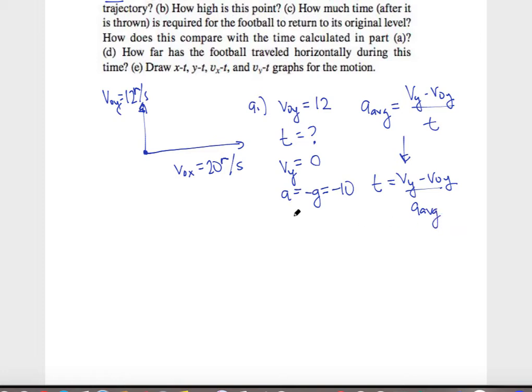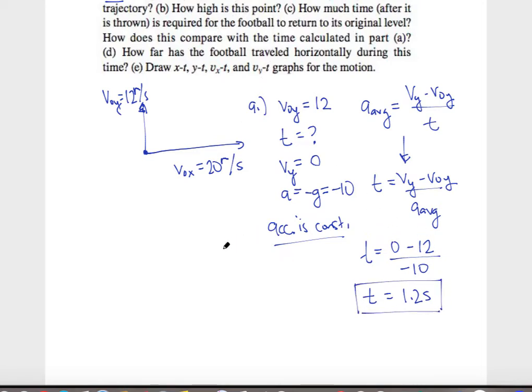And again, we can do this because acceleration is constant, so it must be equal to our average acceleration. Plugging in some values, we have vy is 0 minus our v naught y of 12 all over our average acceleration of negative 10. So we have a positive 1.2 seconds to reach the peak of our trajectory.